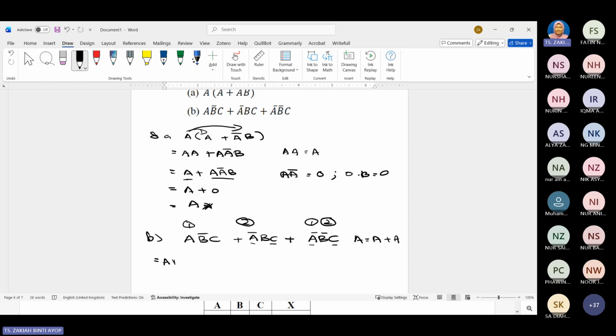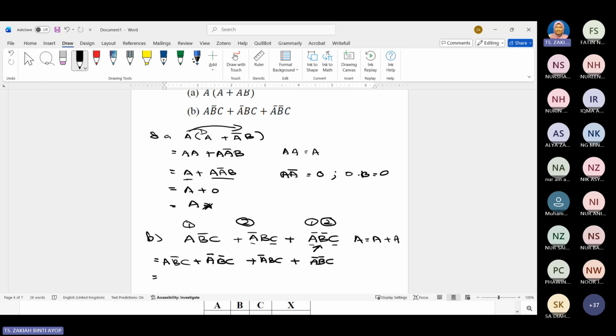So you write A B bar C plus, because the third term can be duplicated, A bar B bar C. And then copy with the second pair, A bar B C plus, again with this same pair, A bar B bar C.